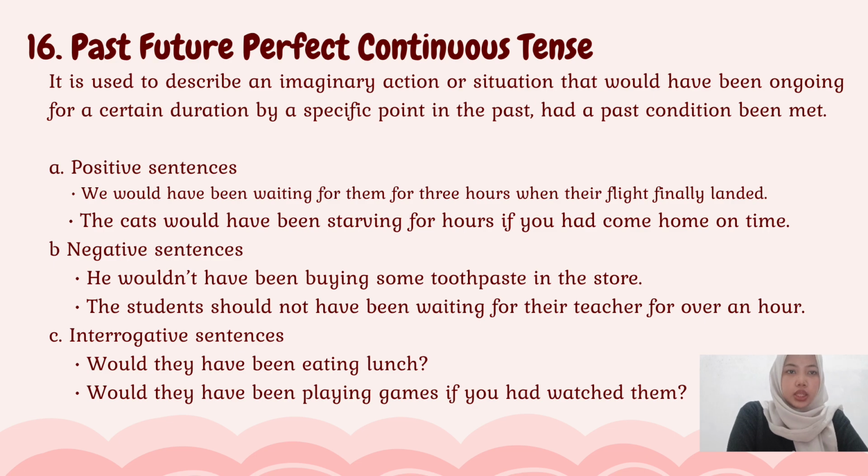And in negative sentence, he wouldn't have been buying some toothpaste in the store, and the students should not have been waiting for their teacher for over an hour. In interrogative sentence, would they have been eating lunch, and would they have been playing games if you had watched them?